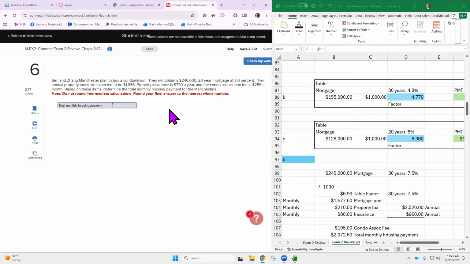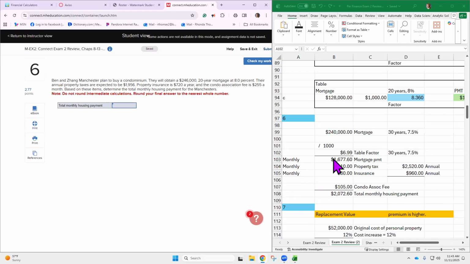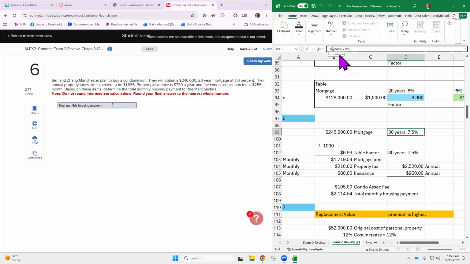Based on these items, determine the total monthly housing payment for the Manchesters. First thing we got to do is run that mortgage through this. So we're going to put down the mortgage, and then let's put the terms of the mortgage in. Mine is now 20 years at 8%.